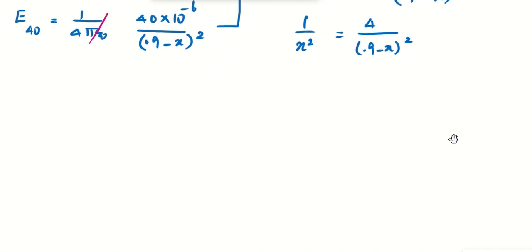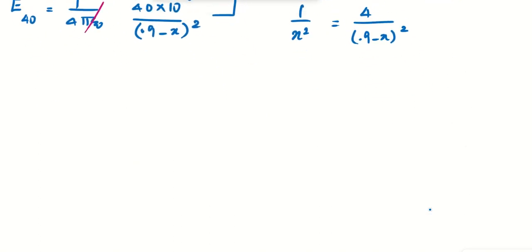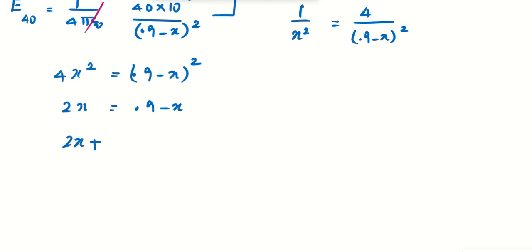So 4x squared equals 0.9 minus x whole squared. Let's take the square root on both sides. So we have 2x equals 0.9 minus x. 2x plus x equals 0.9.